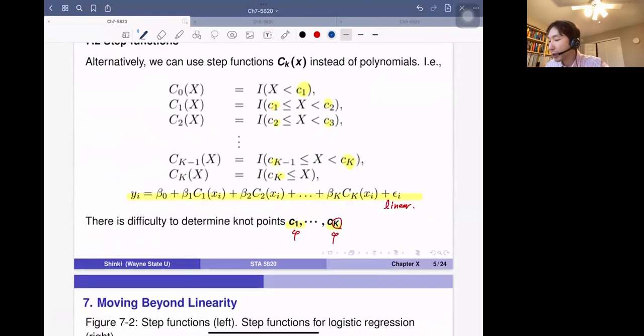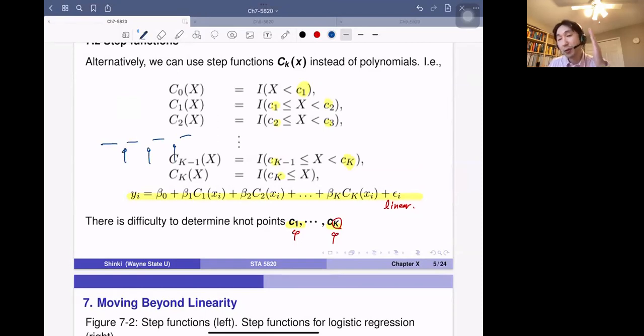Maybe the one complication is that if you handpick the C1 to CK, then basically you have some degrees of freedom, right? So even if you have only 4 pieces of variable, effectively you used more parameters, maybe 3 more parameters. And that is hard to compare.